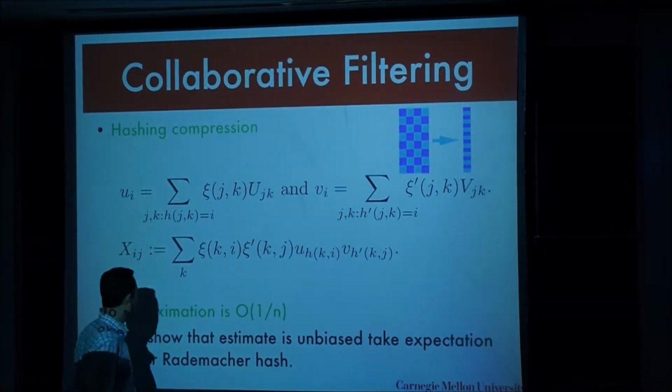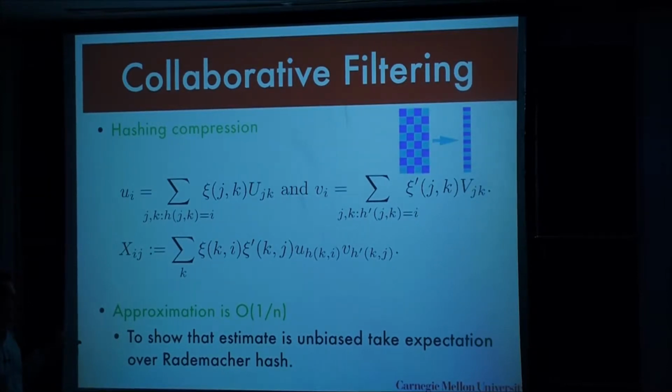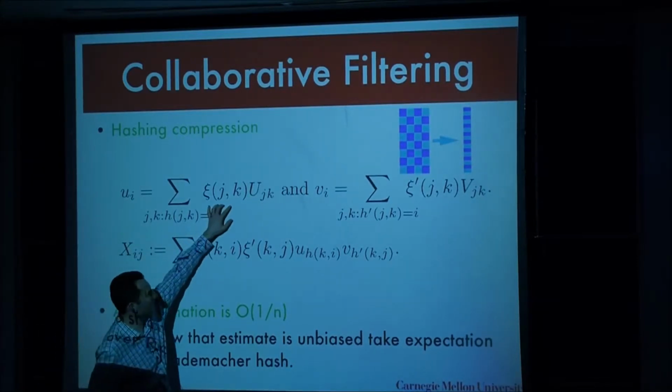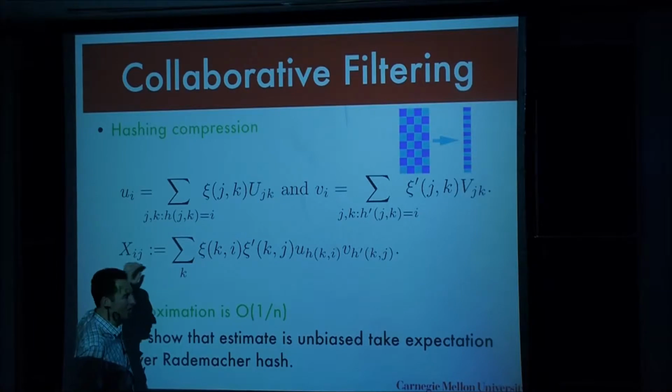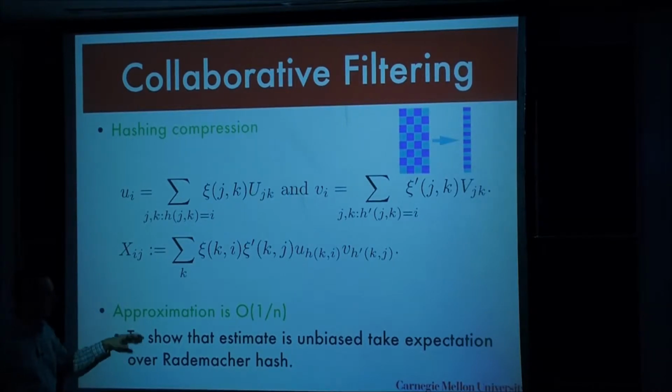Okay. Now, what you can actually show is, first of all, and this is very easy to do, by taking expectations of x_ij with respect to sigma, you'll see that the inner product is preserved in expectation. Furthermore, you can show also by then looking at the variance that the variance is basically the Frobenius norm of the matrices U or V, respectively, divided by number of bins.